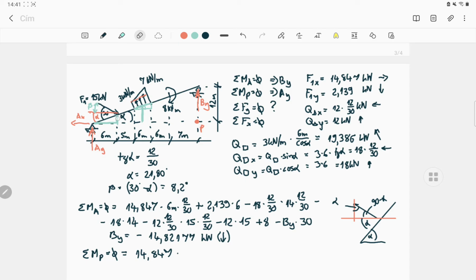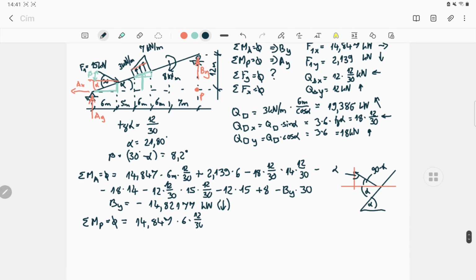So this distance, what was from the A point for the Ax, the same from the P point. So if you have an X force, which is parallel with the X, you have to use the same direction with the same distance. So 6 times 12 over 30, exactly the same as was here in the A.